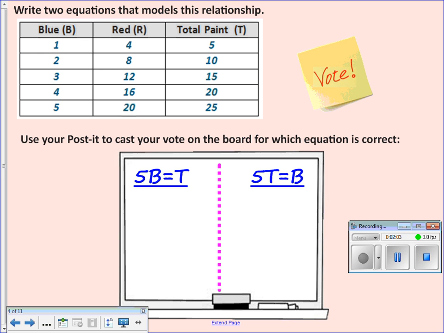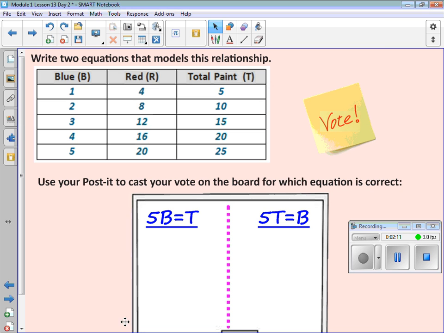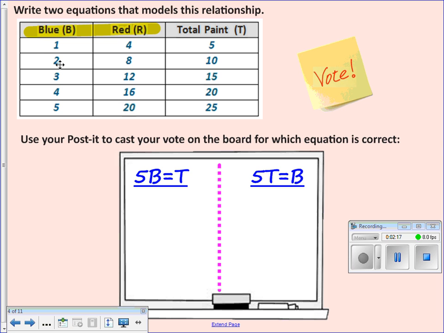Okay, so we're going to look at the relationships in this table. So if we had to write the relationship for blue to red, remember that I told you the highlighters are going to be so helpful. So if we wanted to write a ratio for the relationship between blue and red, we have blue. What do we have to do to blue to get to the red? Blue to red.